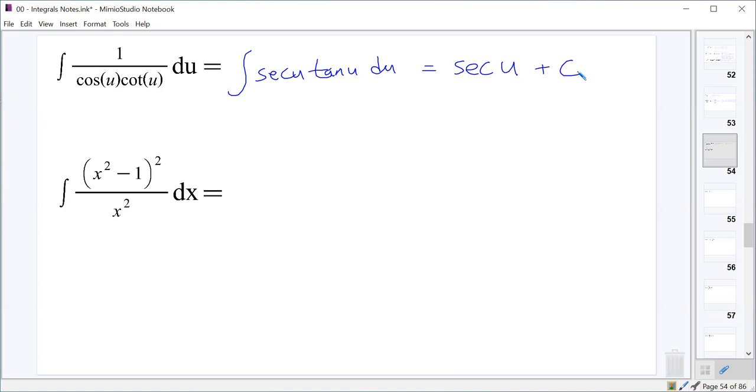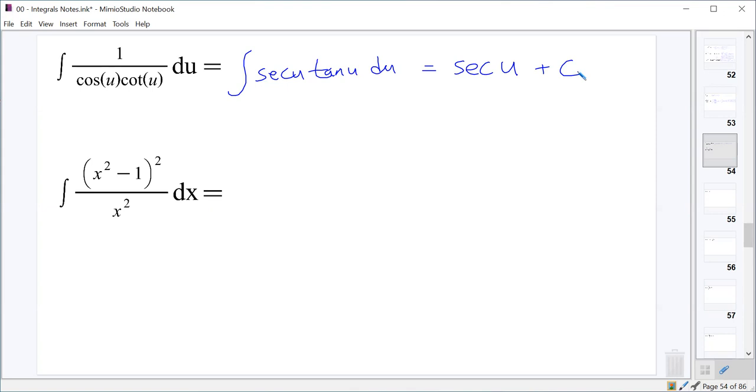So the next one here we're looking at, we'll note that we're going to have a polynomial in the numerator if we were to expand that out. And we're dividing it by a singular term in the denominator, just an x squared. And so later on, we're going to see some other techniques that on occasion might make one of these a little bit easier.